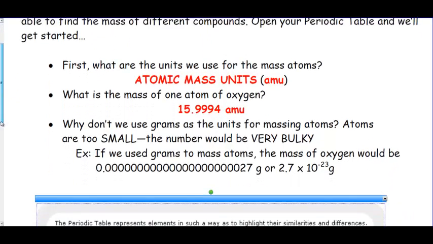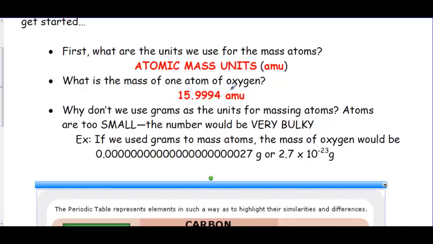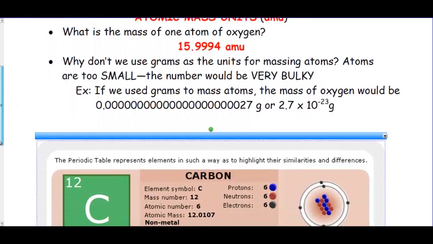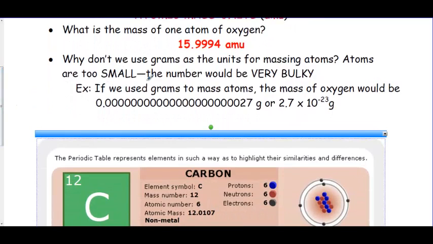And let's look up the mass of one atom of oxygen in AMUs. This would be 15.9994. Question is, why don't we use grams as the units for massing atoms, just like anything else in nature? Well, this is the reason. Atoms are too small. The number would be very, very bulky, meaning lots of zeros because it's such a small amount.